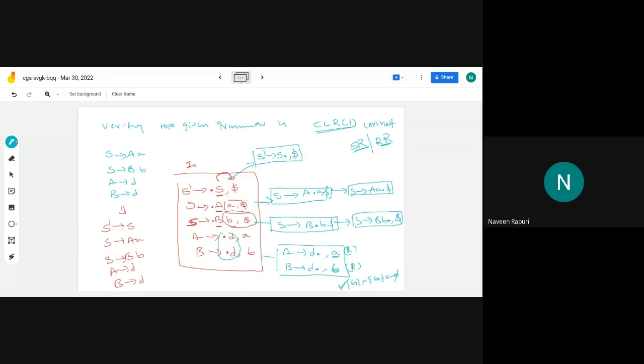If there is a common symbol, we can say that it is not a CLR1 grammar. Otherwise, it is a CLR1 grammar. This is a CLR1 grammar because there is no SR conflict and there is no RR conflict. That's why it is a CLR1 grammar, sir.